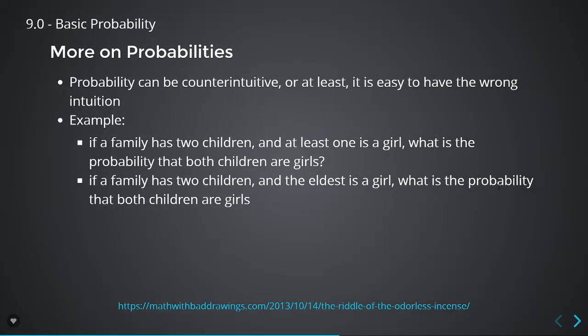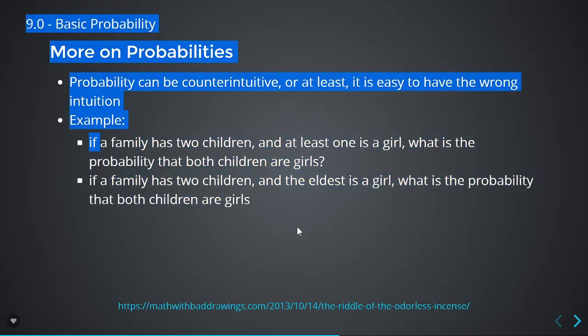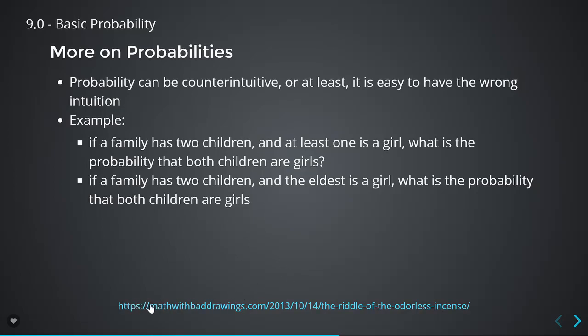I'm going to say a few more things though about probabilities, because I want to show you that probability can be counterintuitive, or at least it's easy to get the wrong intuition. So these two are famous examples of people thinking about the wrong thing. You can find more discussion about it in this link here.